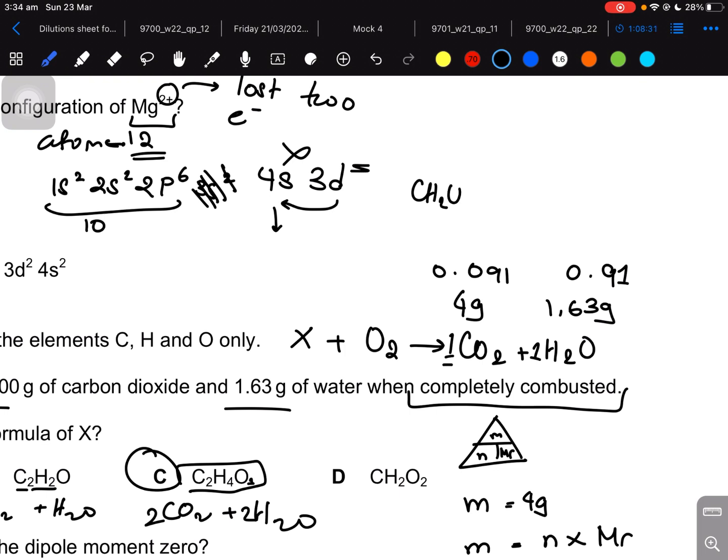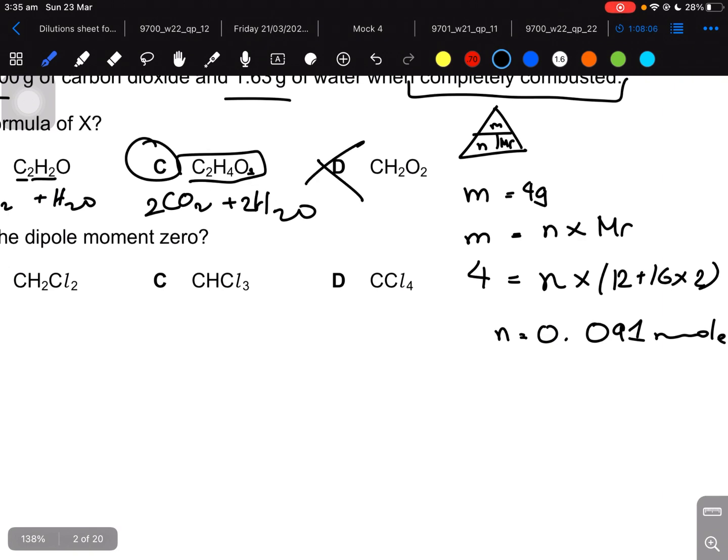CH2O2 plus O2 makes CO2 plus H2O. Okay, 1 to 1. So here you have 3 oxygens. The oxygens there, kind of weird. Yeah, the oxygens don't balance, that's why.